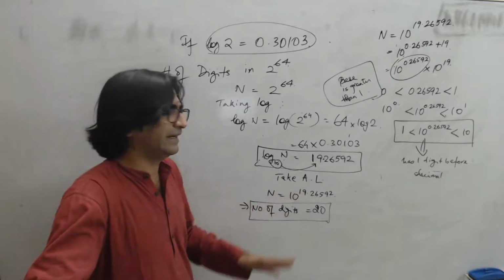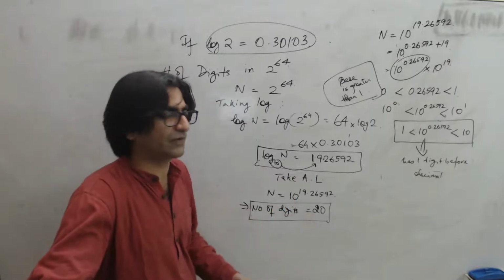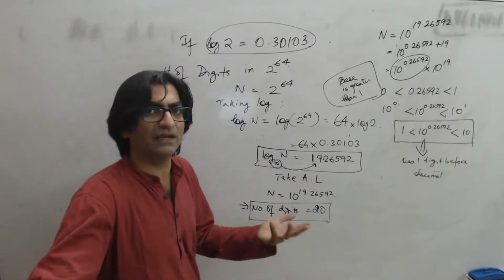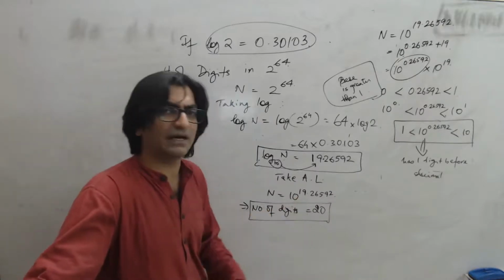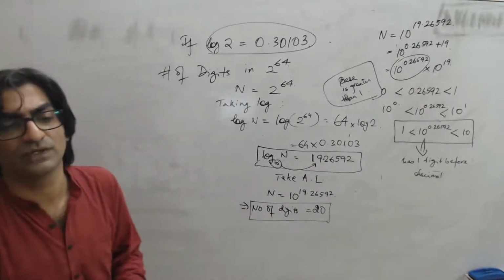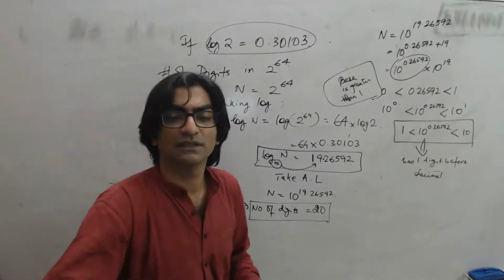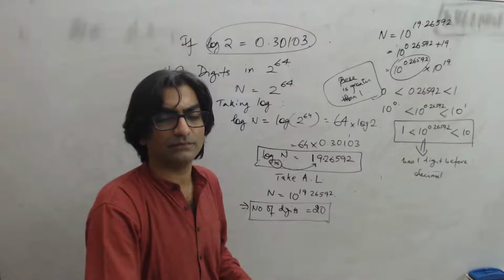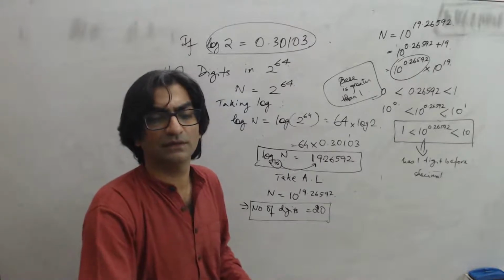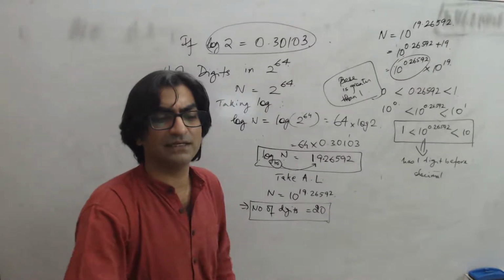If I got 18.76, I'll say 19 digits. If I got 23.13, I would say 24 digits. So increment the integer part by 1 and say that's the number of digits. Is that clear, everybody? Do you guys understand this?